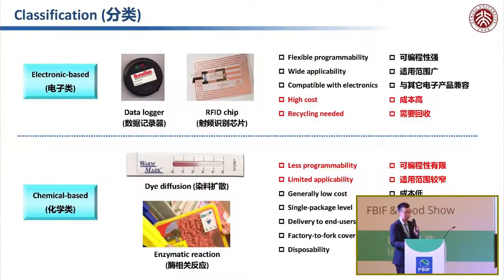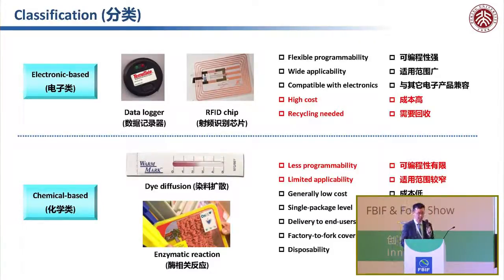And there are two major categories of TTIs. The first is electronic-based TTIs, which can take the form of data loggers or RFID chips. I see this topic will be covered later, which I'm very much looking forward to.